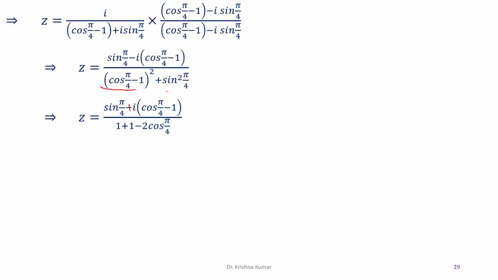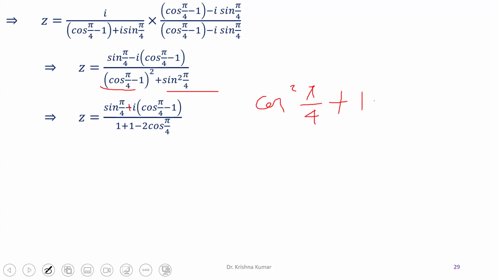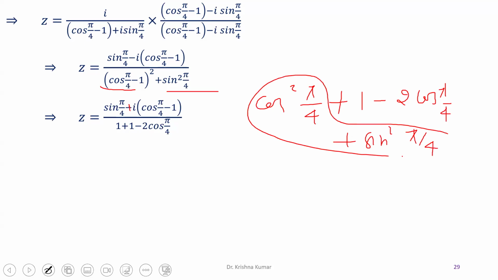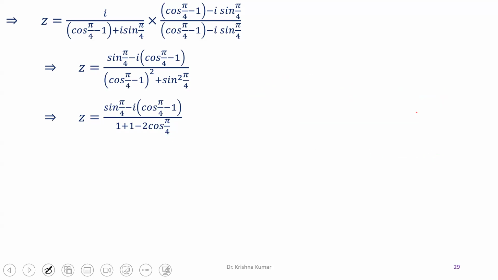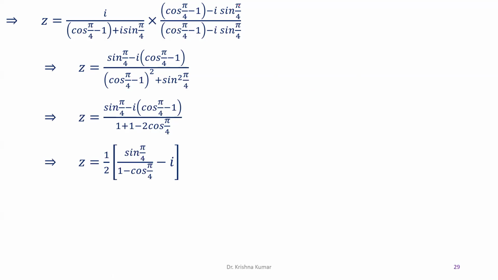And if we simplify the denominator: cos square pi/4 + 1 - 2 cos pi/4 + sin square pi/4. So cos square plus sin square pi/4 will become 1, then this 1 and 1 plus 1 is 2, and minus 2 cos pi/4.